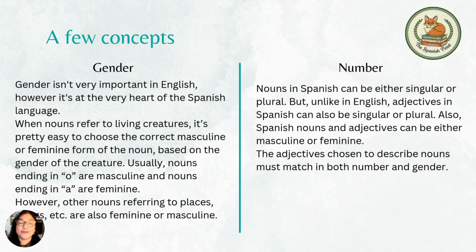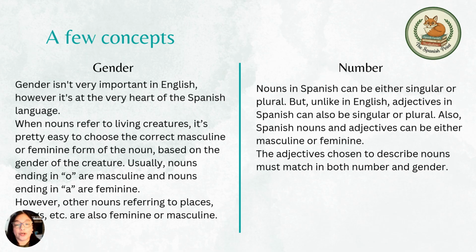It's easy to know if it's feminine or masculine, right? And usually nouns ending in O are masculine and nouns ending in A are feminine. But this is just for living creatures. When we're talking about objects, about things, we also have to think of the idea of gender, if this word is feminine or masculine.